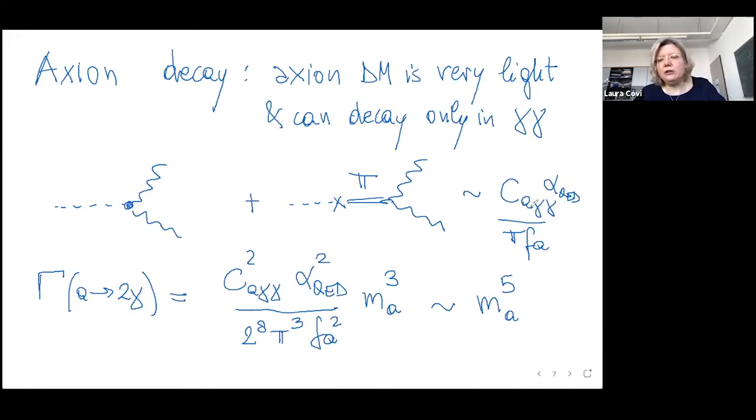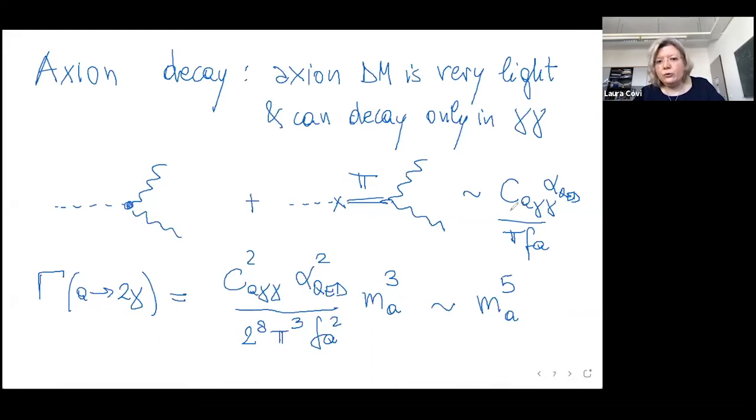But for a typical model, it is of order 1. Recently, there have been also models trying to increase it or to suppress it, of course. Of course, if you increase it, this means you can see the axion even better, especially in experiments. We will get to that in a minute. So that's why some people were trying to build models where you could, in some sense, enhance this C a gamma gamma coupling.